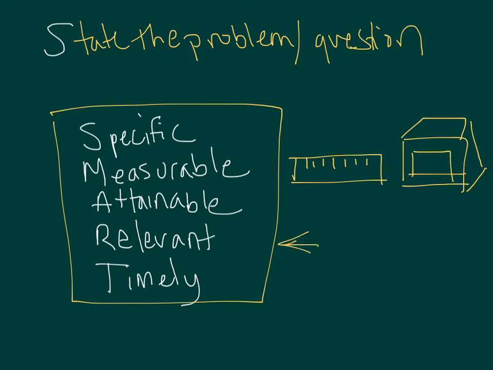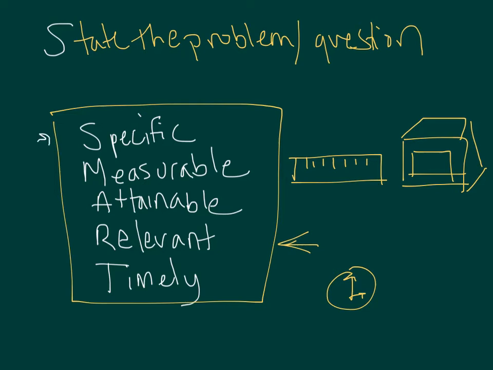And lastly, it's timely. So unless you're doing a PhD and you have like 8 years to do this, you may want to make sure, hey, I can do this in the time that I have. So if you have an hour to do this lab, you want to make sure that your question is something you'd solve in an hour. And isn't something that someone spends their whole life doing. If it is something you spend your whole life doing, then you might want to think about doing it for your PhD project. But in terms of a problem or question, we want to make sure that it's these things.